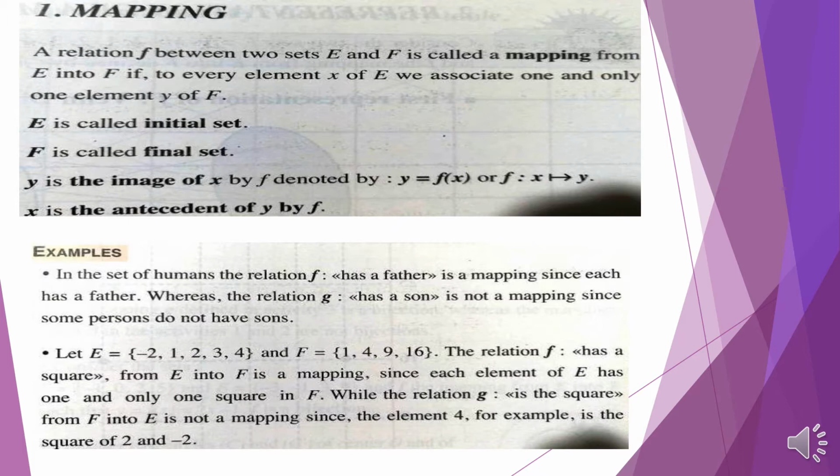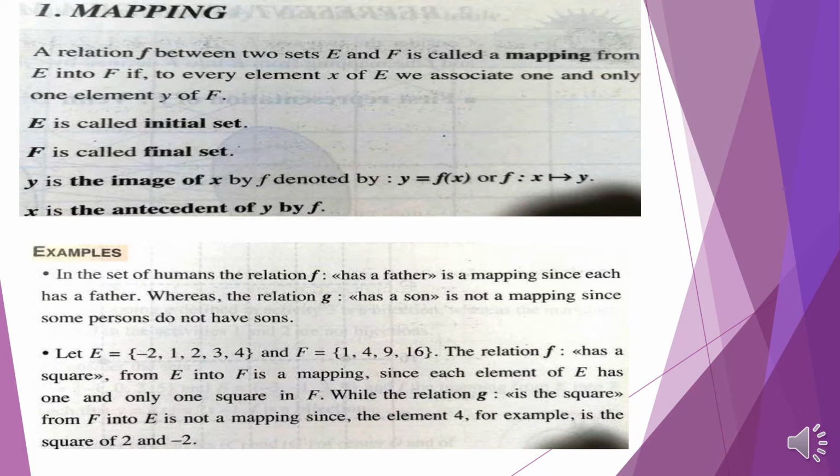Whereas the relation G has a son is not a mapping. Why? Because the father may have several sons, not only one son, maybe 1, 2, 3.